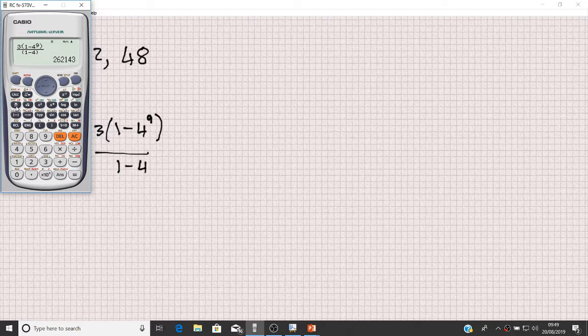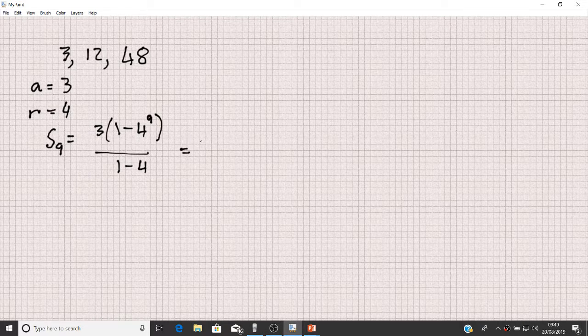So it gives us quite a large quantity, 262,143. So just note that, and that's our final answer. So that is the sum of the first 9 terms.